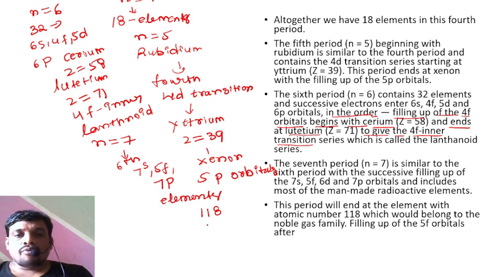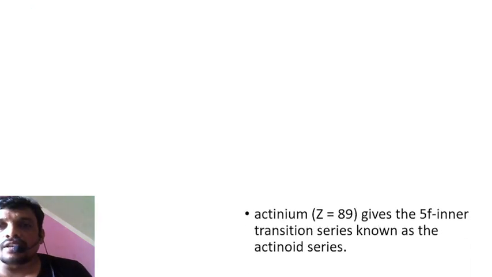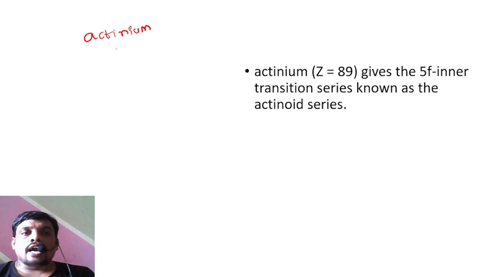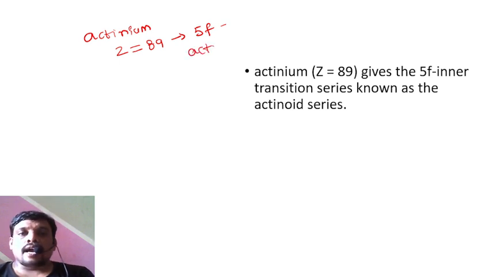Filling up of 5f orbitals: whenever electrons are filling in 5f orbitals, actinium is going to be formed. Actinium, Z equal to 89, gives the 5f inner transition series known as the actinoid series.